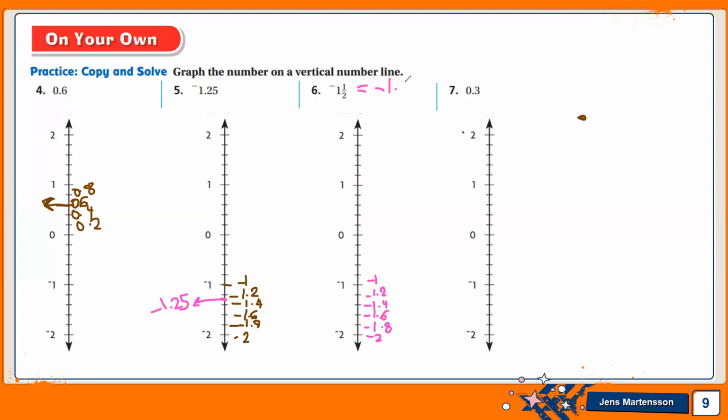How do you write half as a decimal? If it is a fraction, you must write it as a decimal. 1 point what? Now, 1 divided by 2 is 5. So negative 1.5. Now, where is negative 1.5? Between which two numbers? Bravo. So it's going to be here. Negative 1.5. That's it.